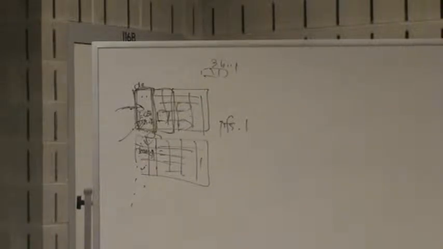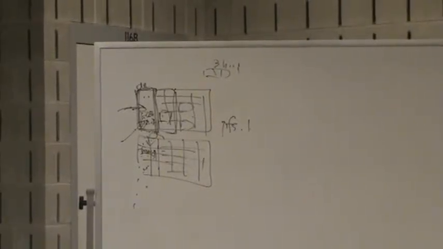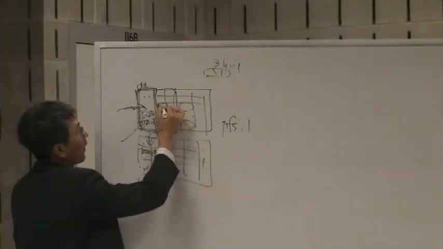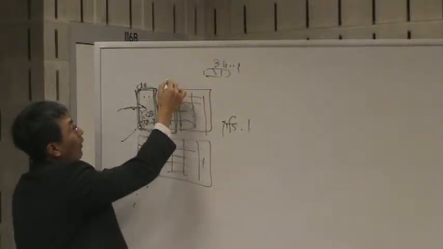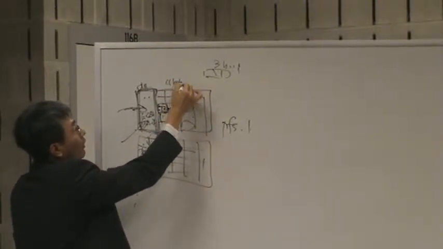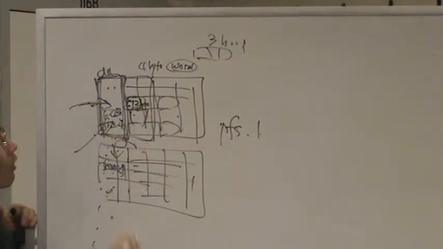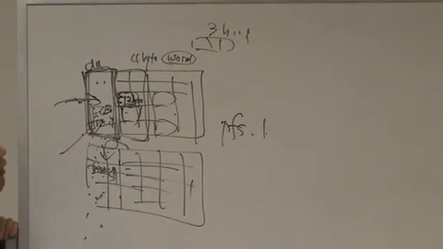So what if one block size is 512 bytes? For example, I'm going to use a 4-byte word addressing format. How many blocks can you keep in this one block?